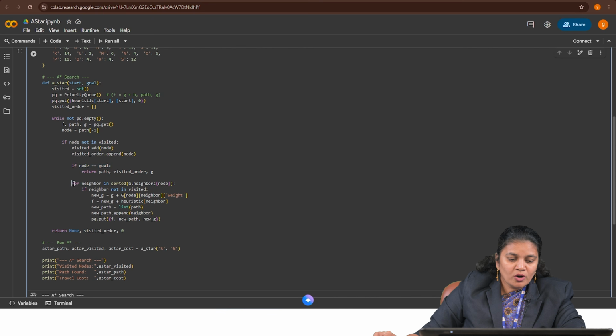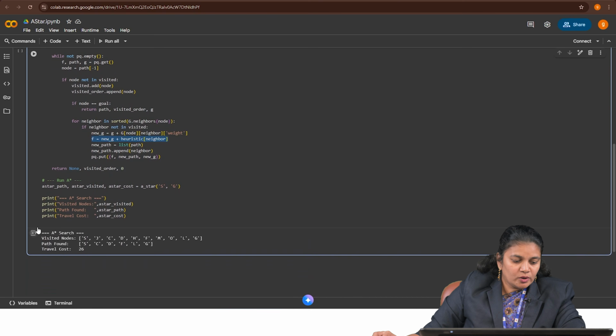If not, for every node, we have to check its neighbors. We find the new g value, which is the old g value plus its weight, and its heuristic value is added to the g value to get the f value. This f value is compared using the priority queue, and the minimum f value element is picked again.